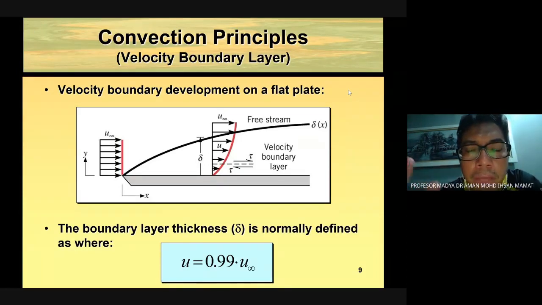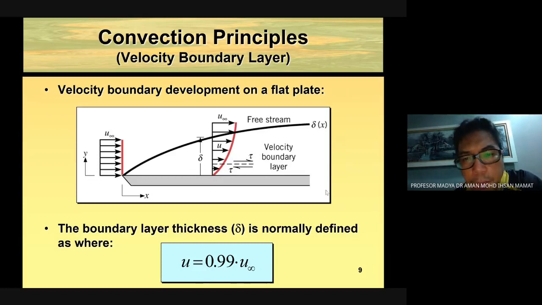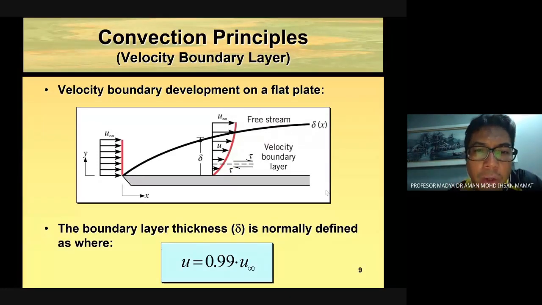Okay, so this is the velocity boundary layer. As you can see, the U, and then which is the thickness of the boundary layer when the local velocity is equal to 99% of the free stream velocity.